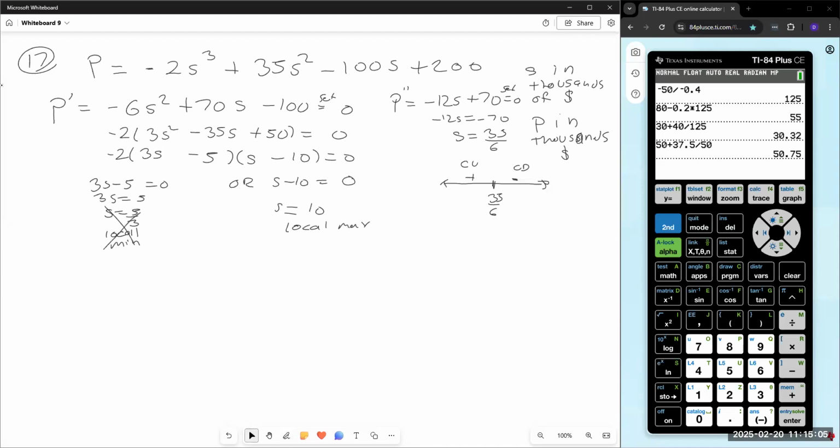And the maximum profit occurs when s equals 10, or $10,000. So that means if I spend $10,000 on advertising, that should maximize my profit.